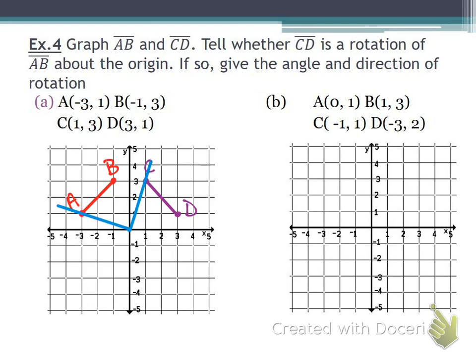Okay. So if we're talking about segments AB and CD, A came first, C came first. So what kind of rotation would it be? 90-degree rotation clockwise.